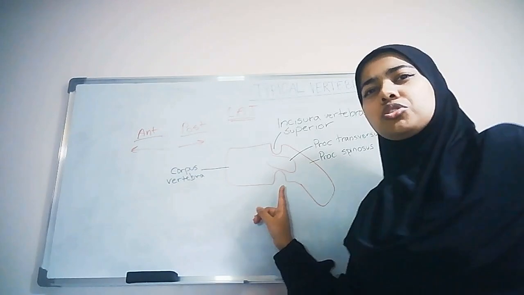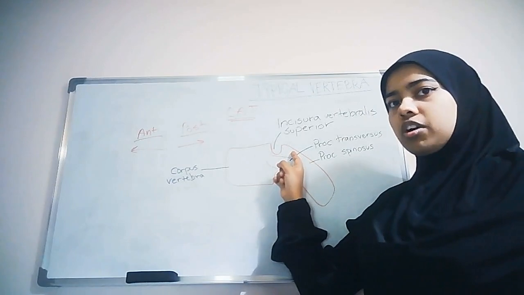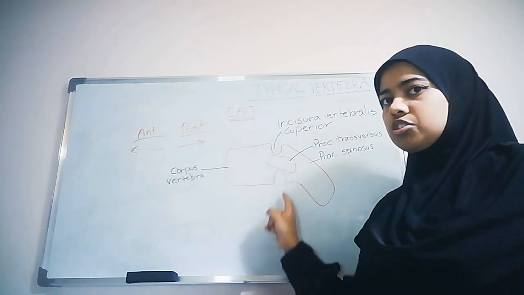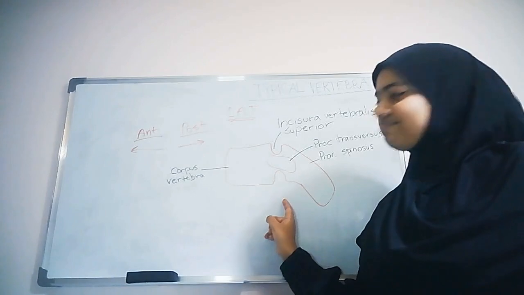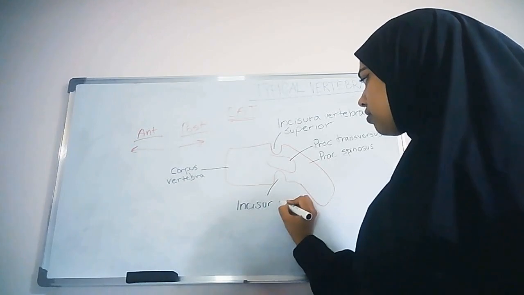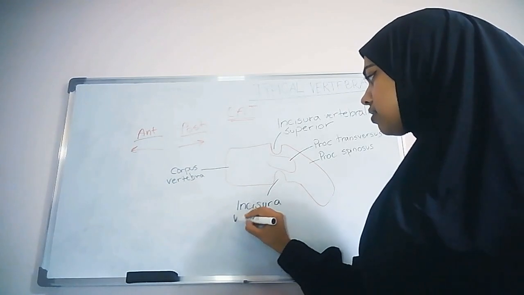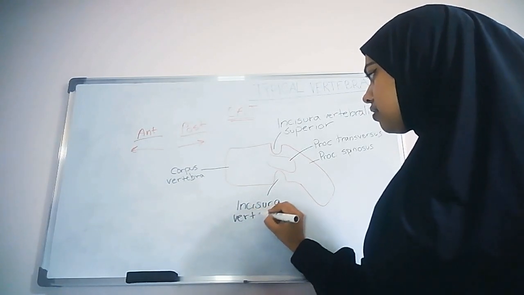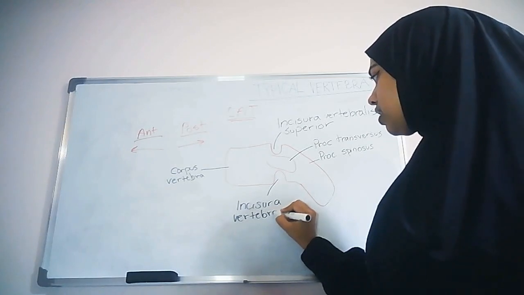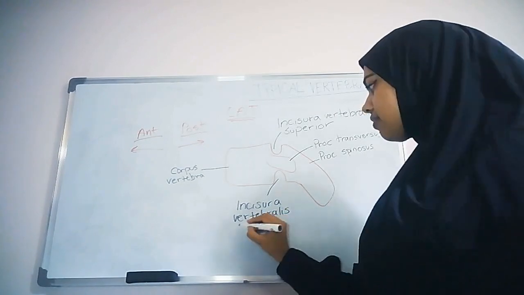Now what do you think we should call this notch then? If this is the incisura vertebralis superior, then this should be incisura vertebralis inferior.